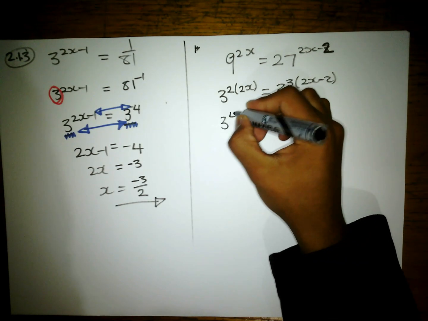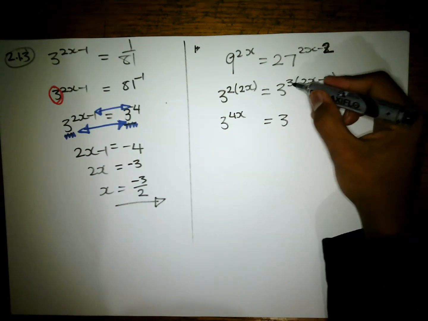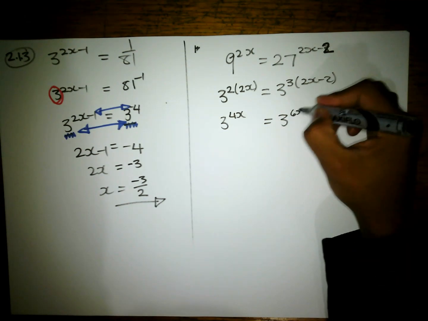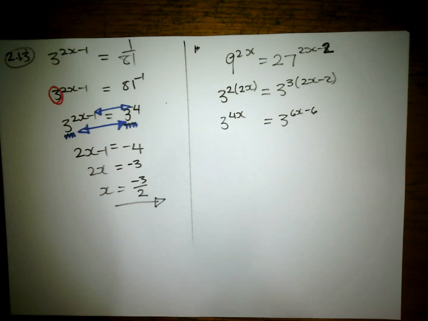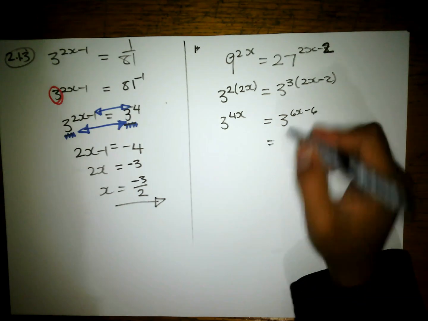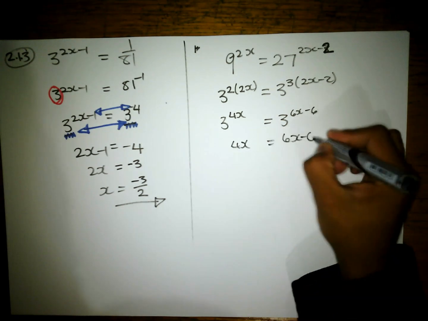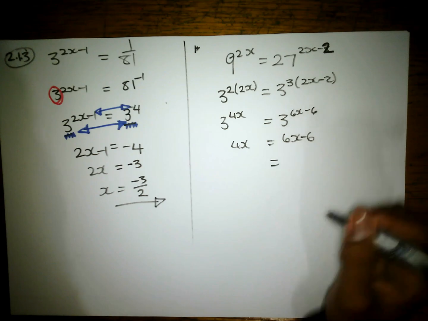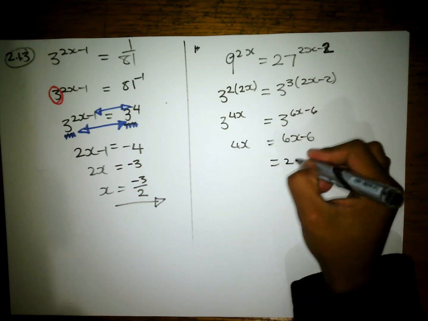So this is 4x. This is 3 times 2 is 6x. 3 times 2 is minus 6. Equals. Now the bases are the same, we can set the exponents equal to each other. So 4x comes this side, leaves us with 2x.